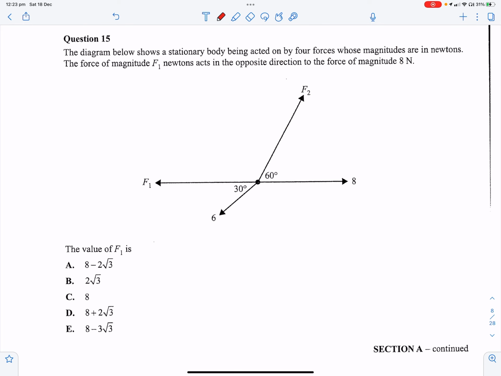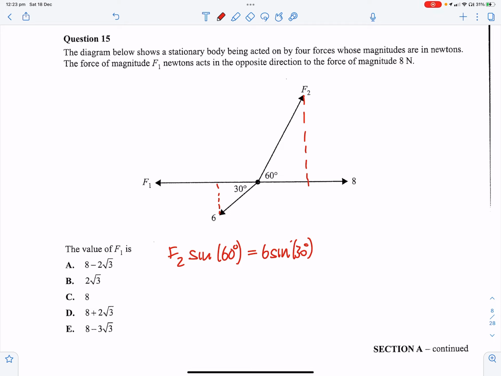Diagram below shows a stationary body acted on by 4 forces whose magnitudes are in newtons. The magnitude of the force F1 newtons acting in the opposite direction of the 8 newton force. Okay. The value of F1. Alright. We know that that force and that force are the same. So F2, because it's in equilibrium, it's not traveling up or down, F2 sine 60 is equal to 6 sine 30.